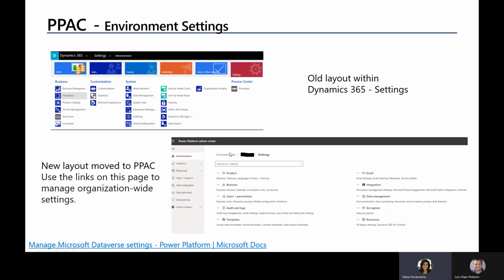You go to environment, choose one environment, and then select settings, and you have all the options here. Some are new, but more or less the majority of the options are available here. Okay, we still have some in the legacy layout, and to access those options, you need to go through Advanced Find.